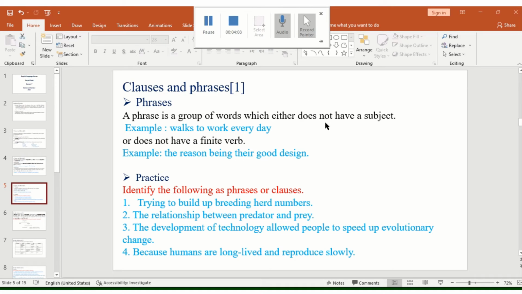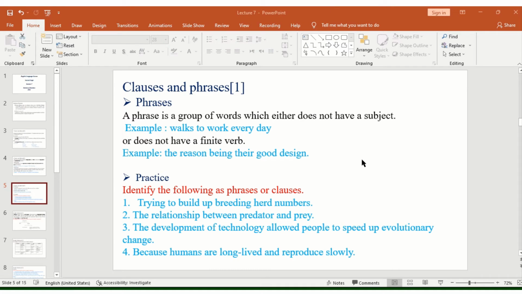A phrase is a group of words which either doesn't have a subject, example, walks to work every day, or doesn't have a finite verb, example, the reason being their good design.